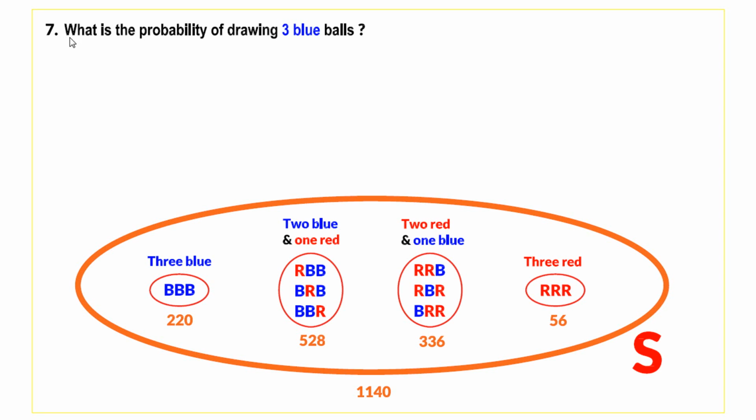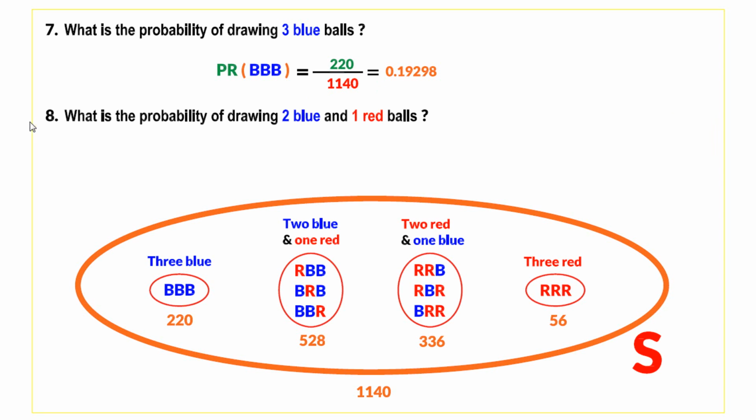Question number 7. What is the probability of drawing 3 blue balls? So as we know, we divide the number of elements in this event, which is 220, over the number of elements in the sample space, and we get 0.19. Question number 8. What is the probability of drawing 2 blue and 1 red? So here we have 2 blue or 1 red.